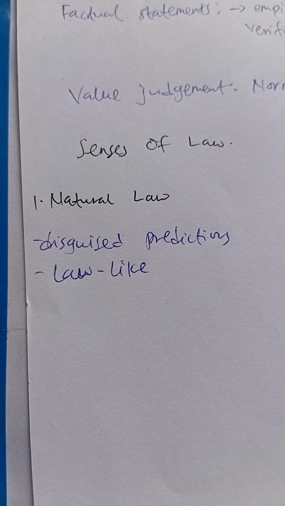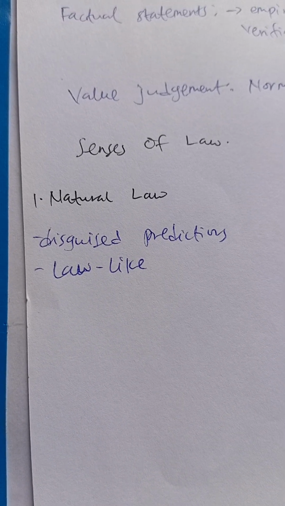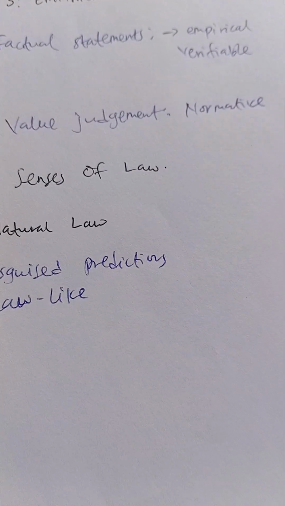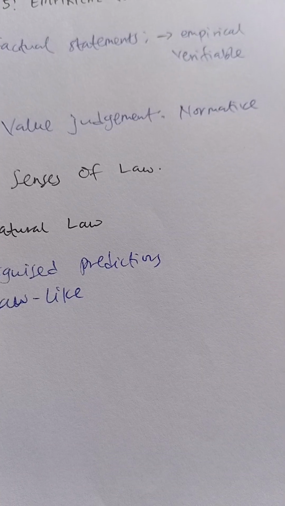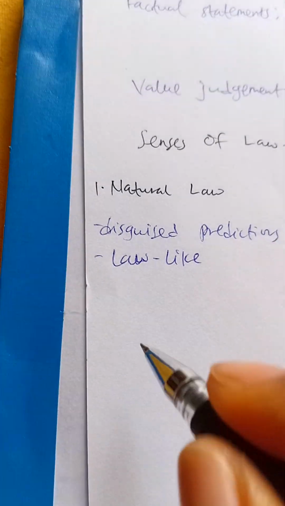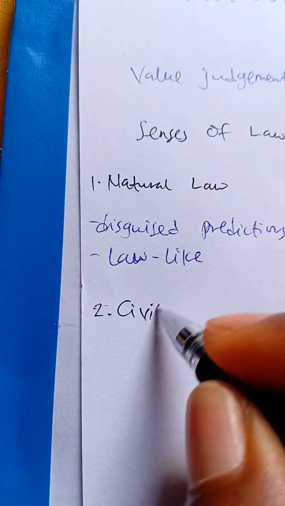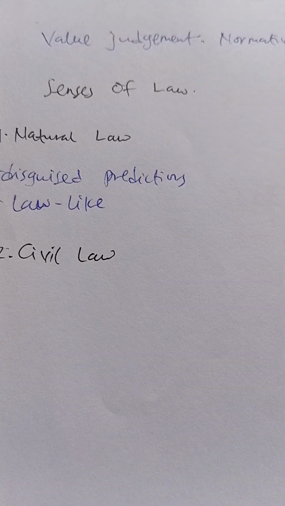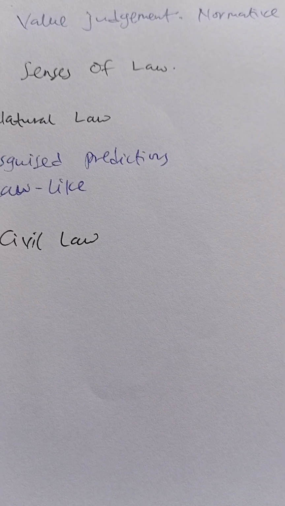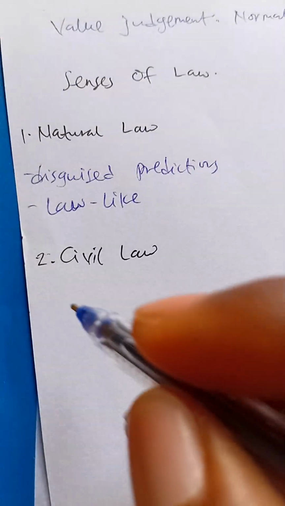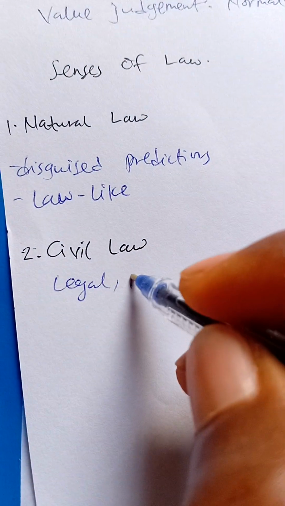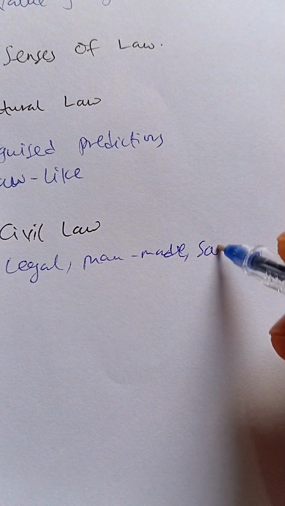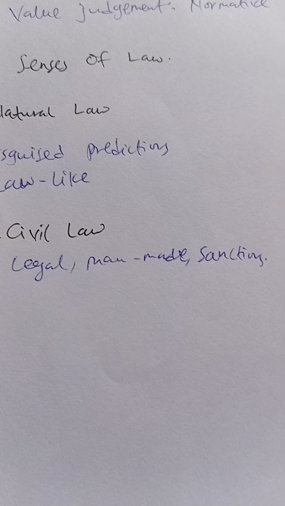So there are scientific laws about nature describing features of things we observe around us. Okay, so the next sense of law is civil law, or statutory law. Civil laws are man-made and they are legal, and they come with sanctions.